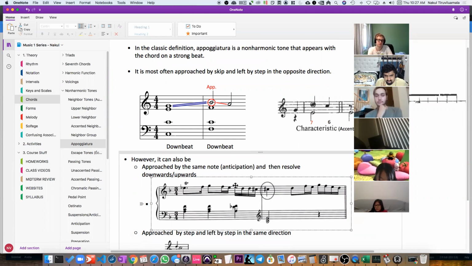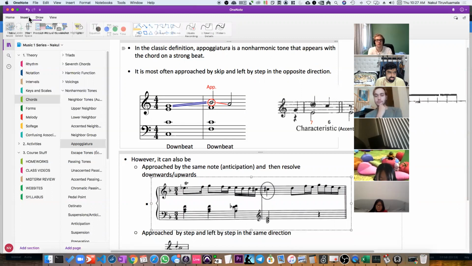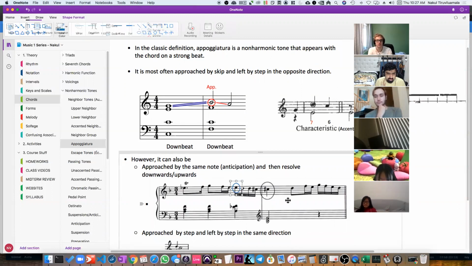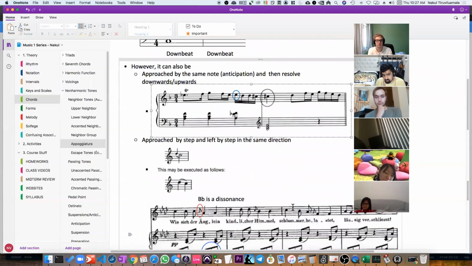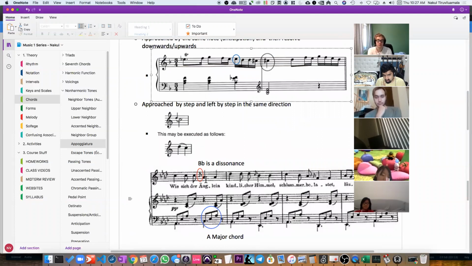I guess what Peihan was saying was that if you actually consider this E flat as the chord tone, then you're jumping down by skip to this non-chord tone, and then you're moving up by step, which is valid. However, the reason I didn't even think of that is because I knew about this other one where it totally is violated by movement in the same direction.